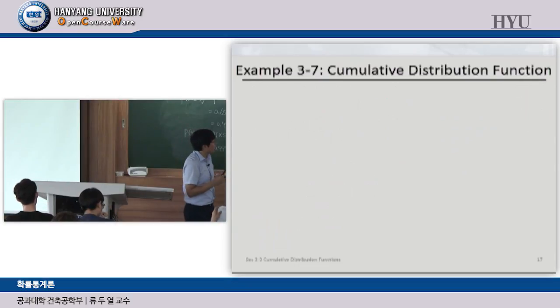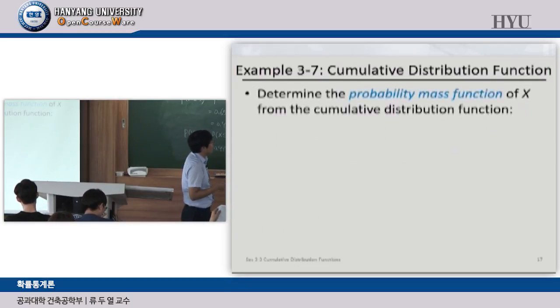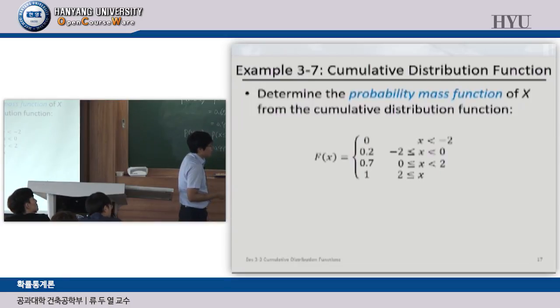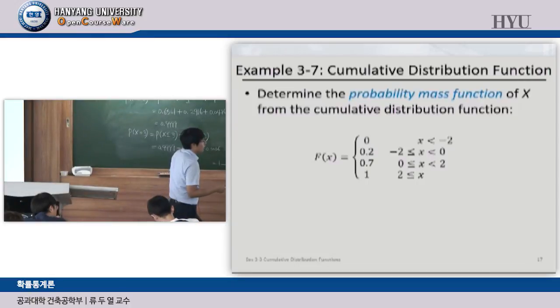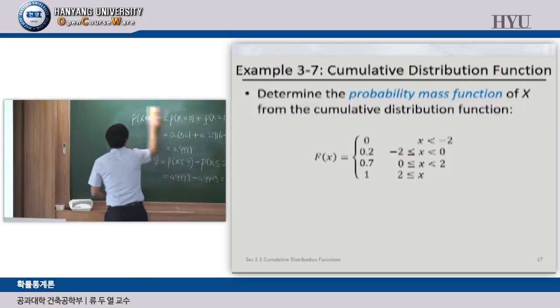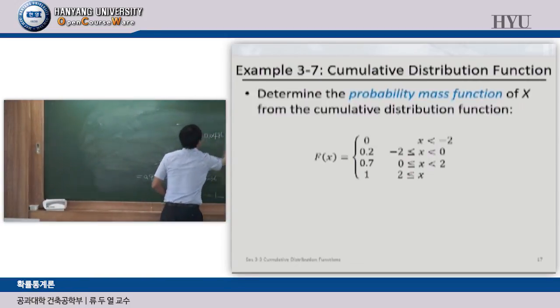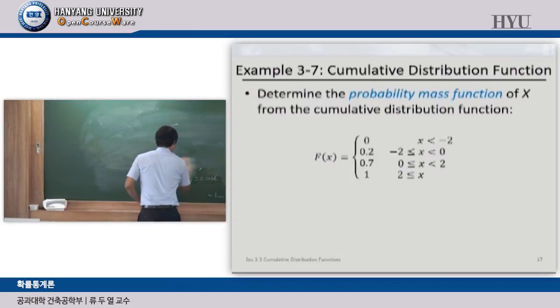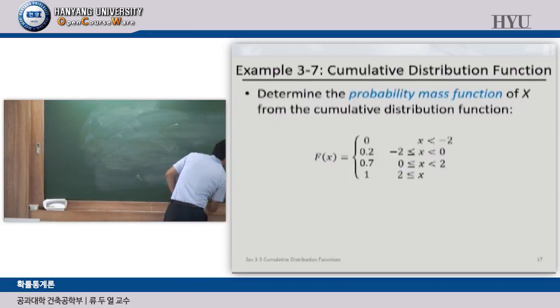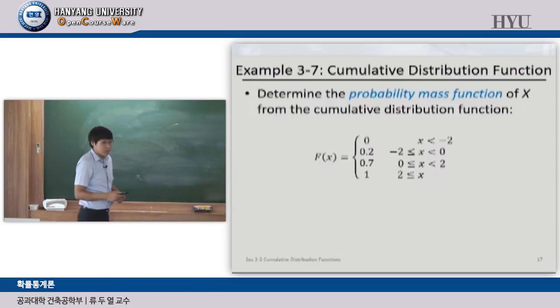And this is another example. To determine the probability mass function of x from the cumulative distribution function, this is the expression for the cumulative distribution function, okay? So now we are going to express this based on the graph, okay?